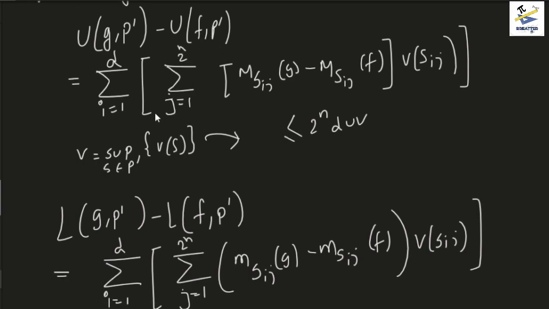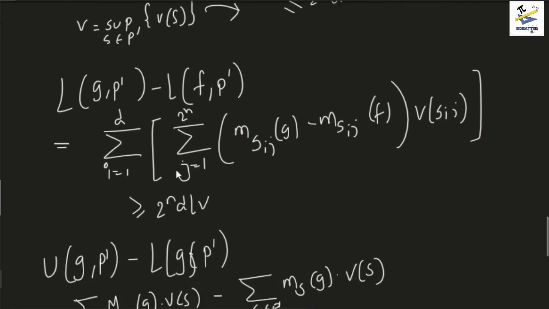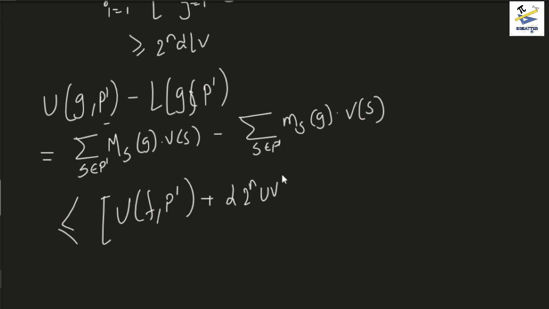is less than or equal to this, and this is less than or equal to this. So obviously this would be less than or equal to this. So U of g comma p prime is less than or equal to this part only, less than or equal to U of f comma p prime plus d into 2 to the power n into uv, right?